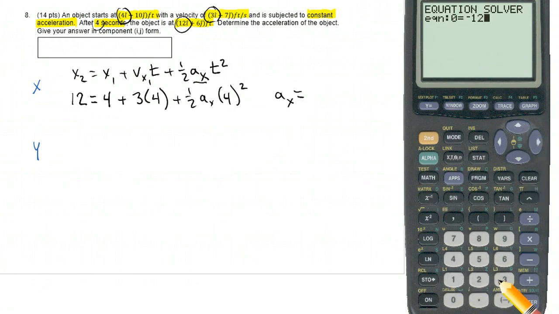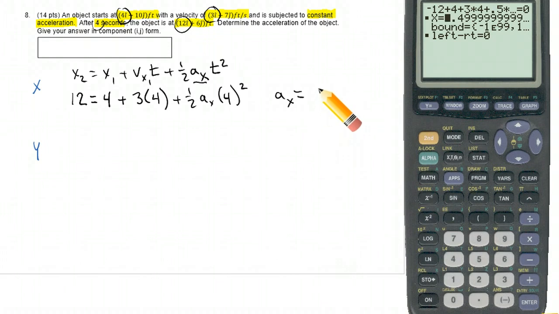Alright, minus 12, moving that to the other side, plus 4, plus 3 times 4, plus 0.5 times x, my variable, times 4 squared. 12 minus negative 12 plus 4 plus 3 times 4, double checked, looks good. Alpha enter, give me a value of minus 0.5.